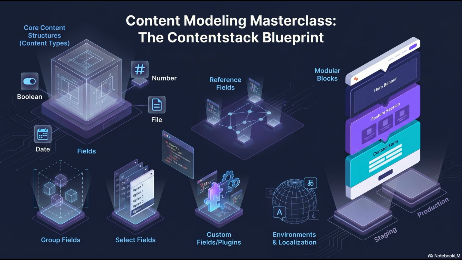And finally, scaling dynamic layouts with modular blocks and robust localization logic. It's an incredible journey. And for you, the listener, understanding these concepts truly shortcuts your path to being an invaluable digital architect. You now know how to perfectly balance strict developer control with ultimate creative freedom for editors. It really is the blueprint for the modern web.